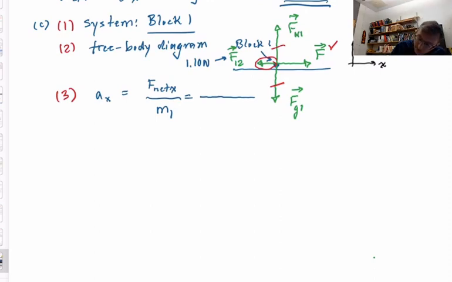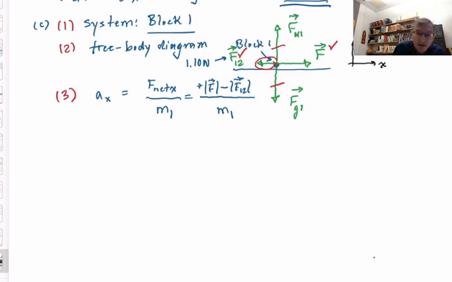So the first thing I write in the numerator here is plus magnitude of F. But then there's the entire magnitude of F12 to the left, negative x. So the next thing I write here is minus the magnitude of F12. And that's my symbolic expression for F net x. And it all gets divided by M1. And my task is to solve for the acceleration here of block 1.